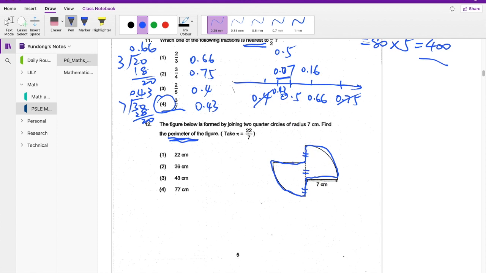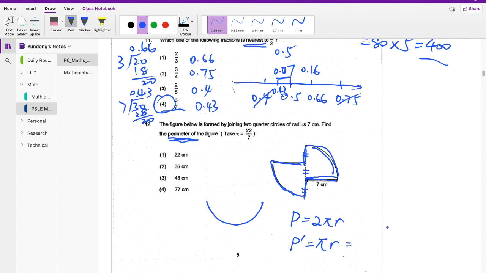We construct this one, this one, this one, and this one, plus two quarter circles. These two quarter circles can be merged into one semicircle. For a circle, the perimeter equals 2 pi r, so for this semicircle the perimeter is pi r because it's half.